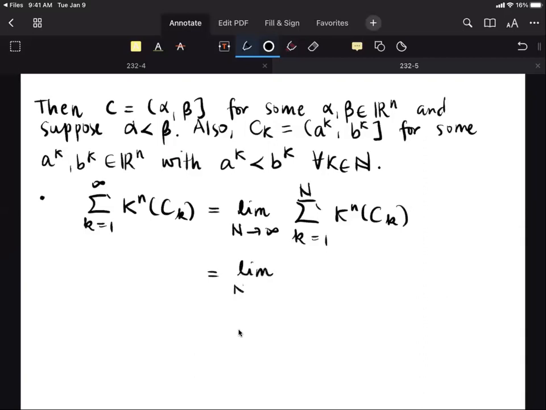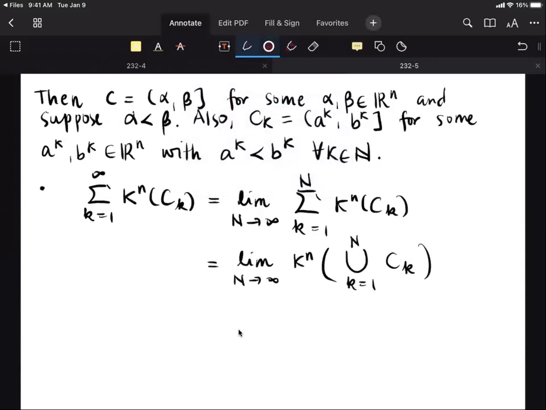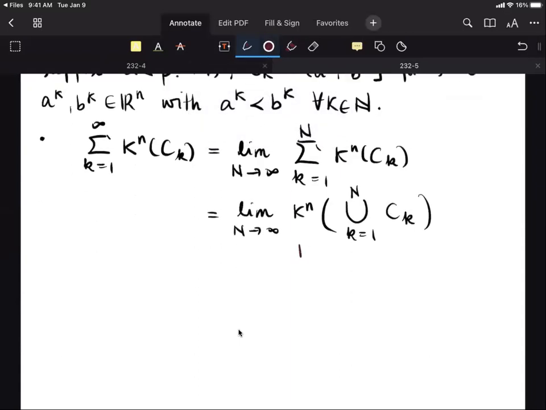Okay, here the trick is to apply additivity of kappa n, but not on the cells, but on the set of figures. So kappa n from the set of figures to the reals is a content.